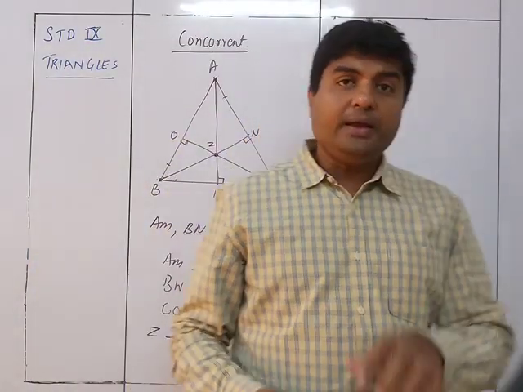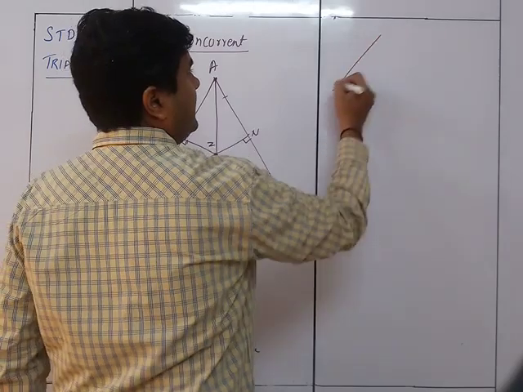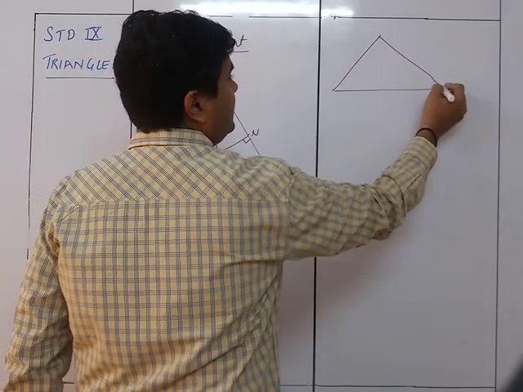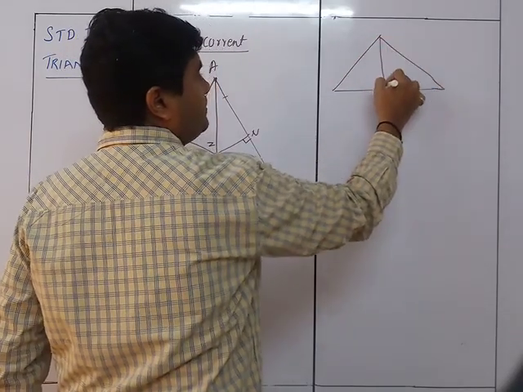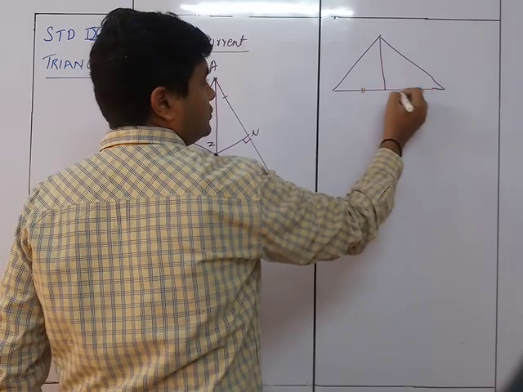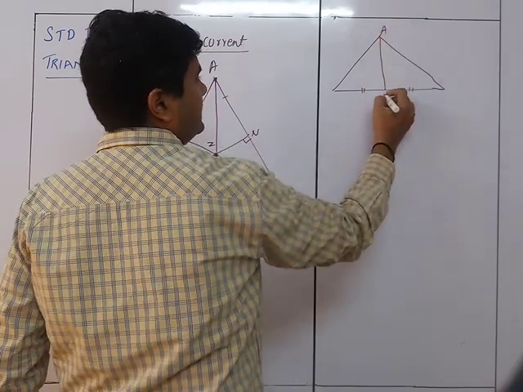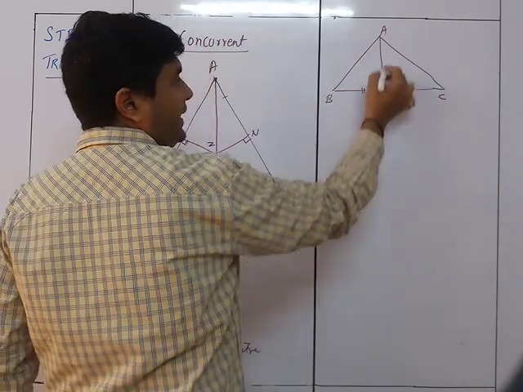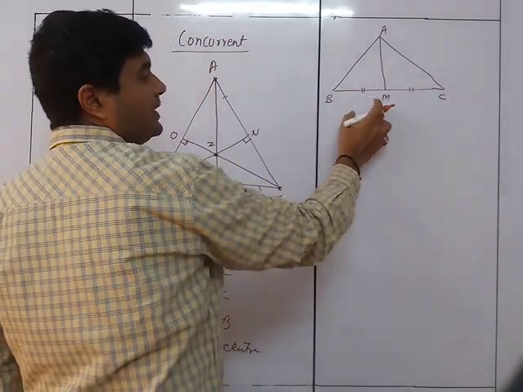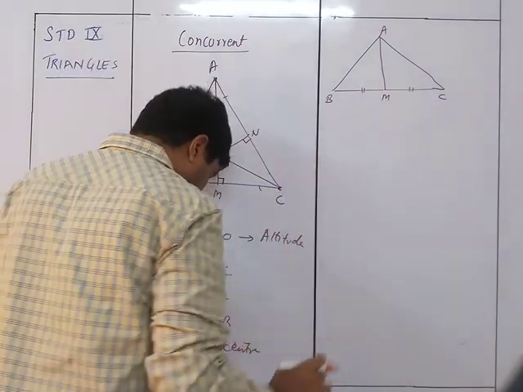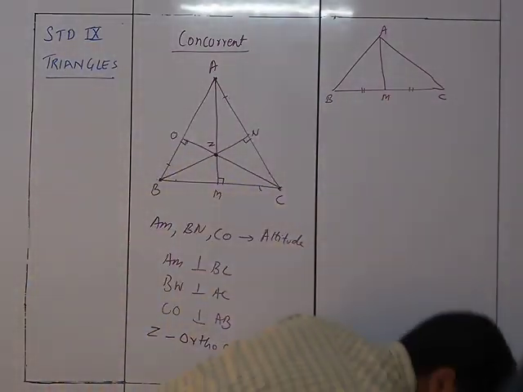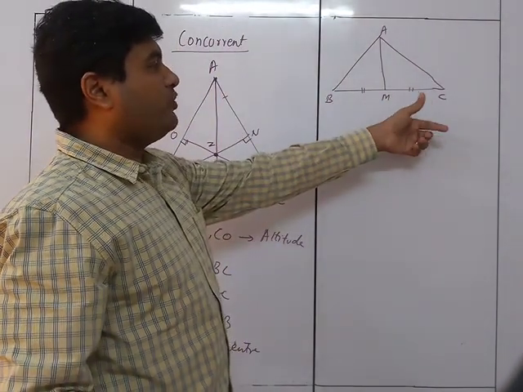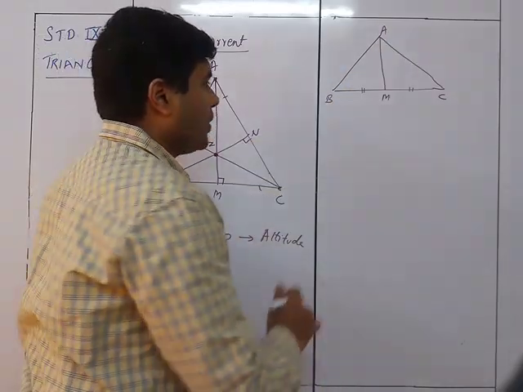The next would be that if I have a triangle here, and I draw the line which is making a midpoint, so this is A, this is M. In this case, AM is the line which is dividing BC into two equal parts. So M is the midpoint of BC, and AM is called a median.